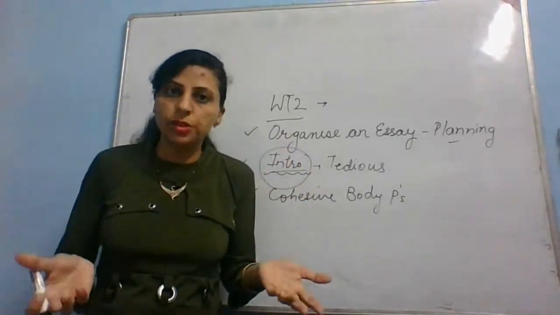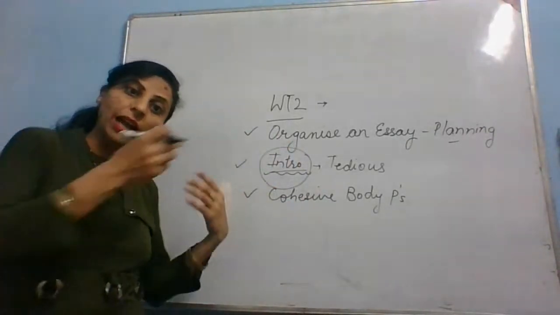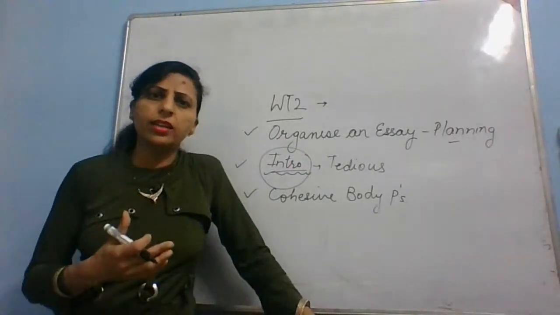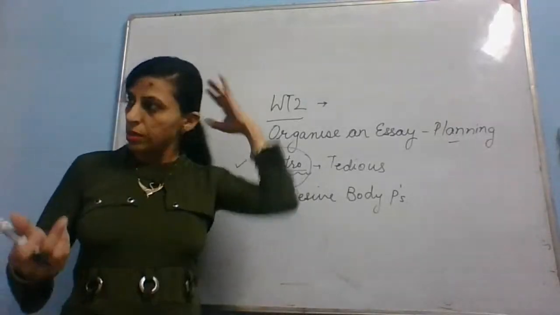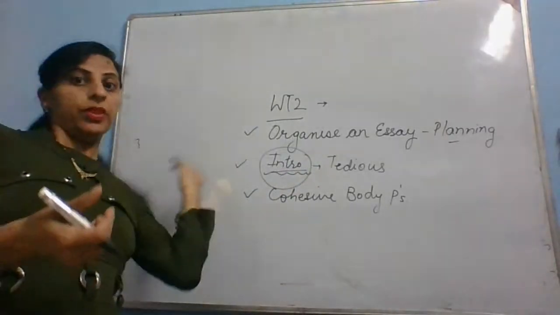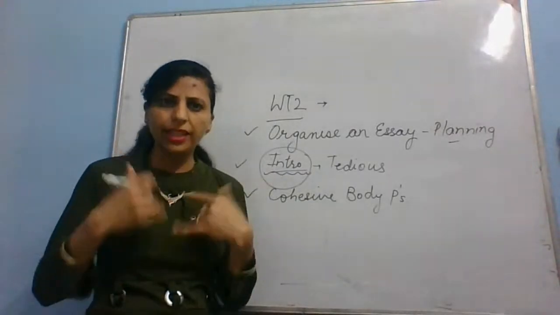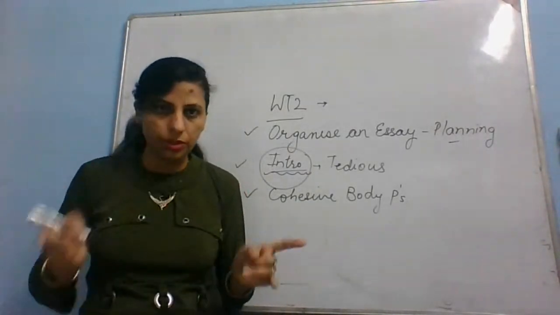Now, what are discourse markers and what are the connectors which can be used? Many students use connectors which are memorized ones. Suppose, for example, as I used, this cannot be used, right?